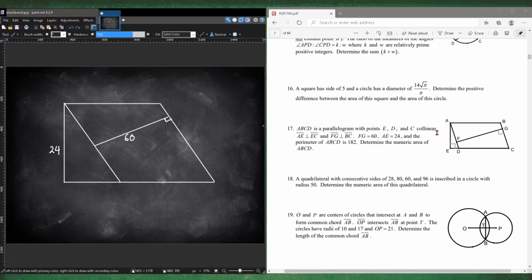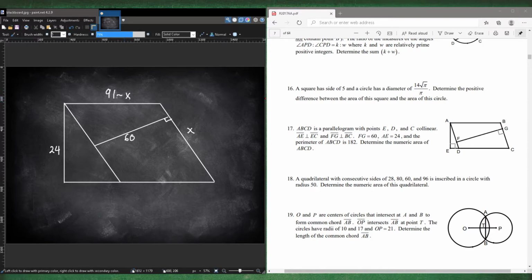And we know that the perimeter of this is equal to 182. And we know that it's a parallelogram, so this length is equal to this length, and this length is equal to this length. So if we divide 182 by 2, that's 91. If we call this length x, then I could call this length 91 minus x.